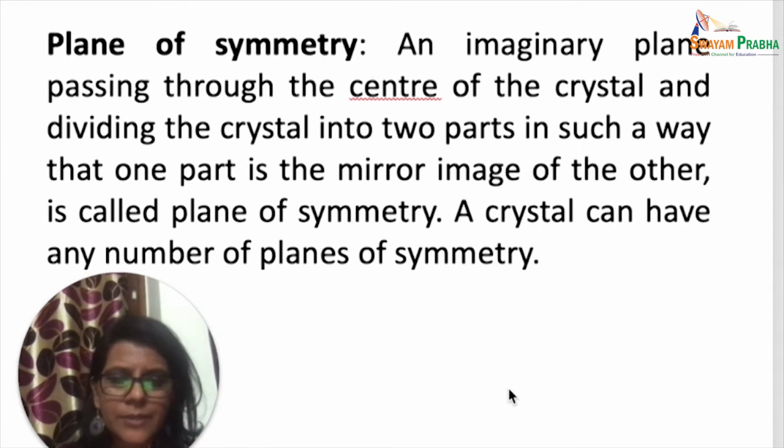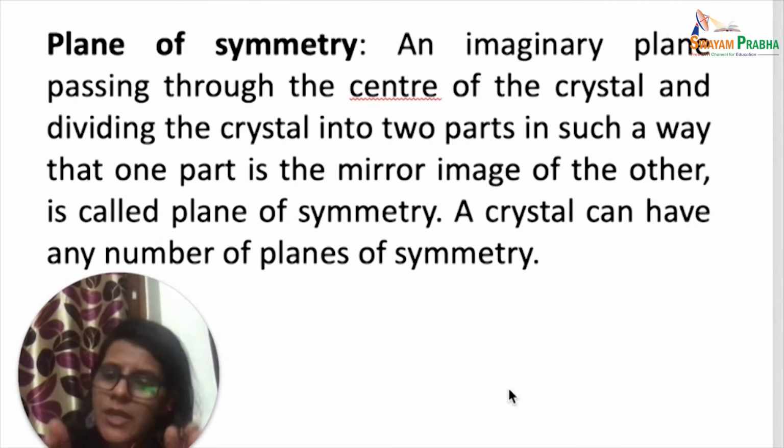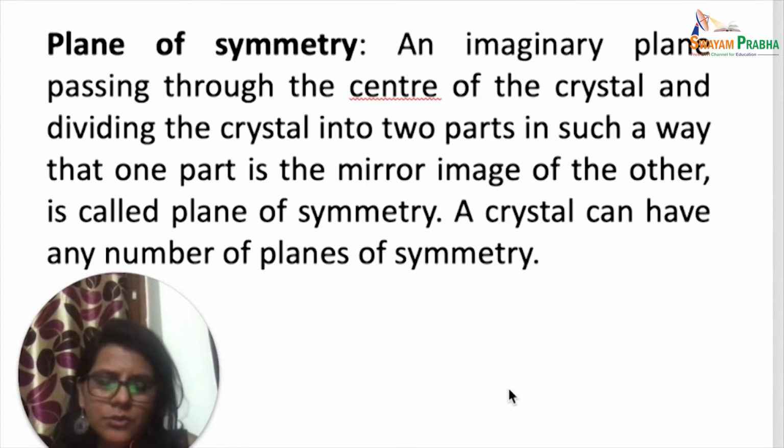One half is the mirror image of the other half. Now, I'm explaining it. If you imagine this is a cube, and you imagine there is an imaginary plane, let's say a paper, passing through the crystal, and the two halves look like mirror images across the plane. That is called a plane of symmetry.